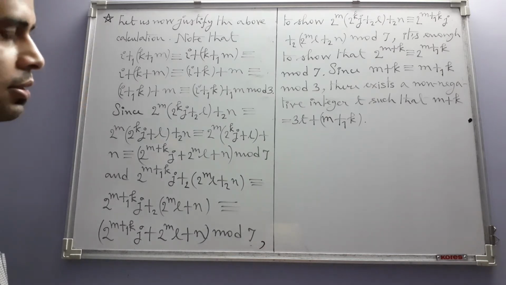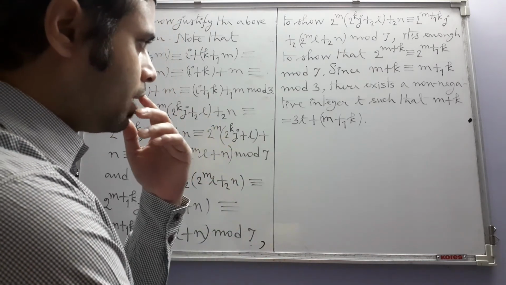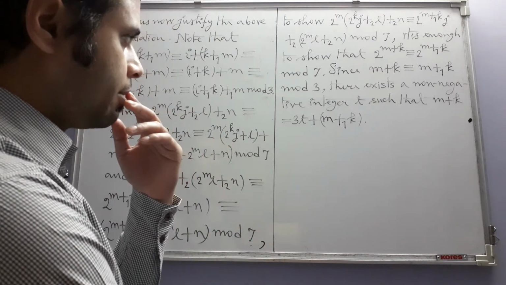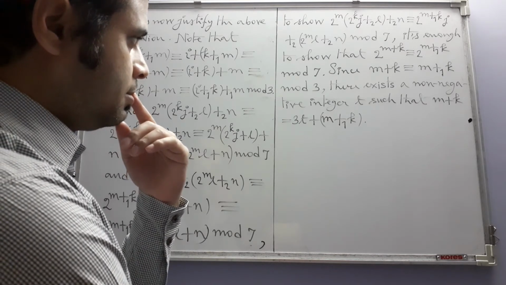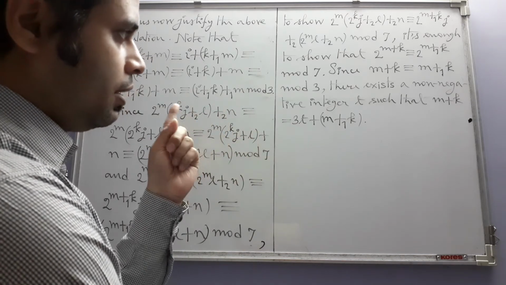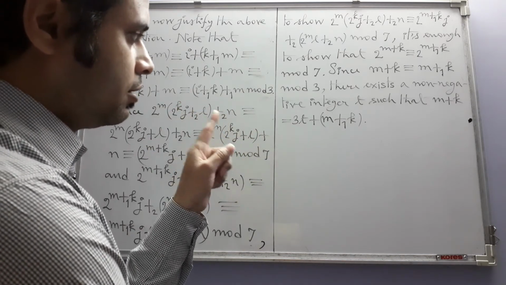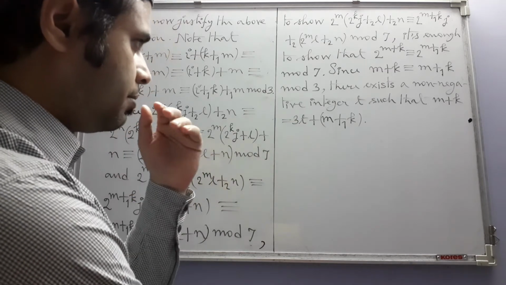Okay, let me think about this non-negativity. Why should t be non-negative? T is non-negative only when m plus k is greater than or equal to this remainder.